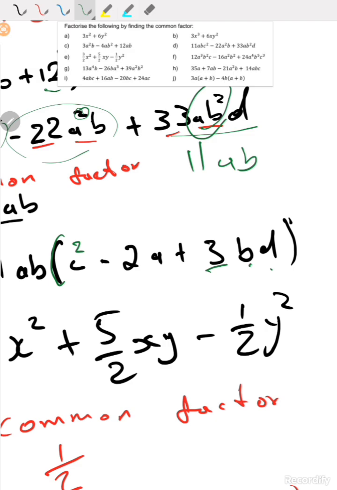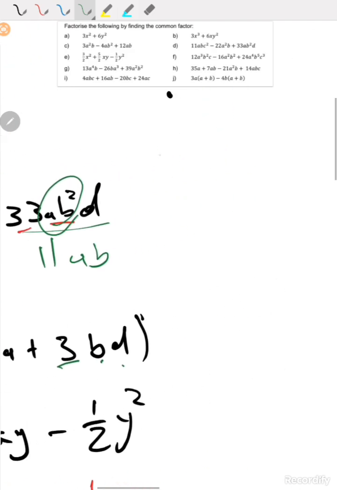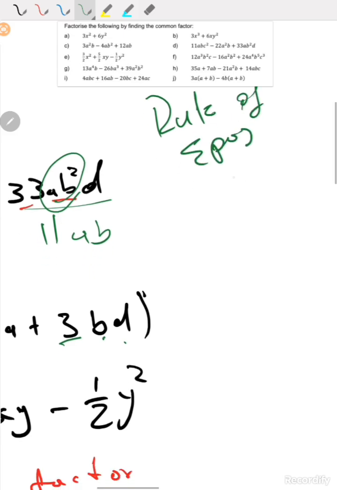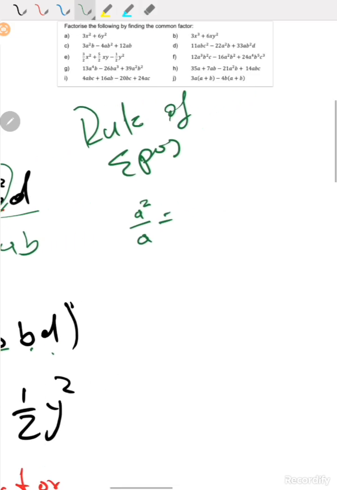bd. Why bd? Because we know the rules of exponents, right? Whenever exponents divide, meaning that if it's a squared divided by a, therefore it says a to the power 2 minus 1.